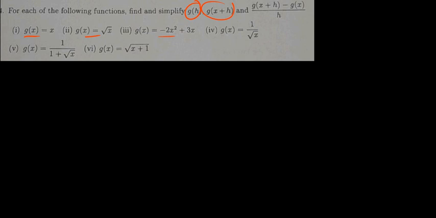Again, you find that. You've seen it? So for the first one, g of h, just put where there's x, put h. That's the answer. Then the same one where there is h, put x plus h. So g of x plus h is equal to x plus h. It's done.